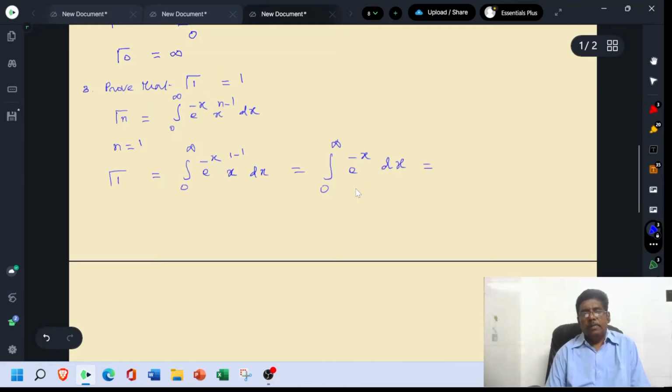If we integrate this, we get e power minus x by minus 1, that is equal to minus e power minus x. Now we apply the limit 0 and infinity. This is equal to minus e power minus infinity, minus, minus into minus plus e power 0. E power minus infinity is 0, e power 0 is 1, that is equal to 1. Therefore, gamma of 1 is equal to 1.